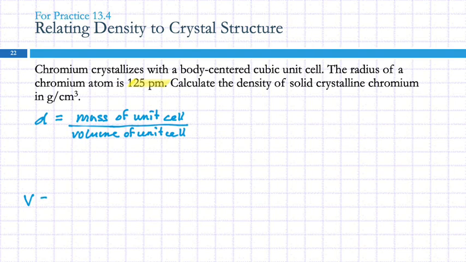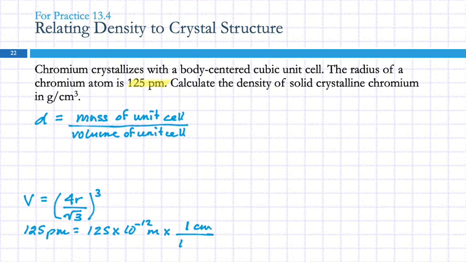So the volume is going to be, see if I remember, 4r over the square root of 3 cubed. It's not a very good 3. Here, because we want cubic centimeters, we want to convert this into centimeters instead of leaving it as picometers. 125 picometers is 125 times 10 to the minus 12 meters.